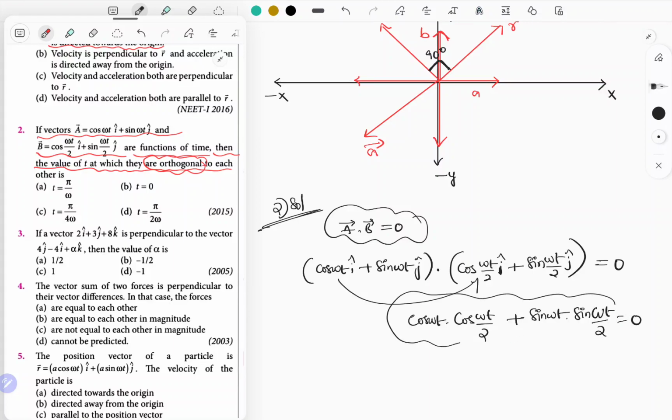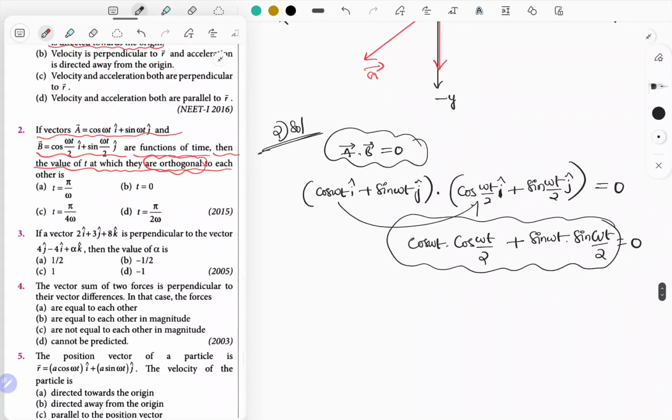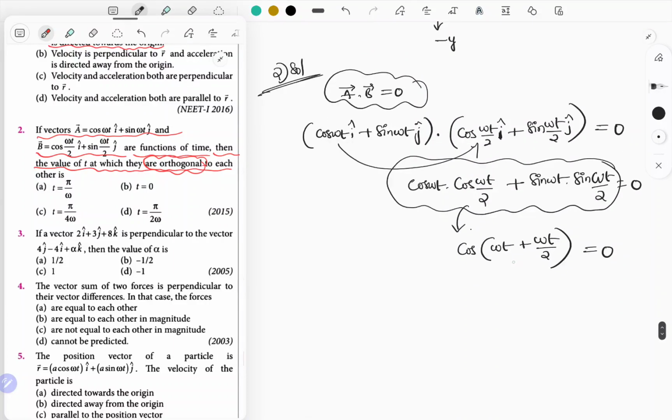If you observe, this looks like the cos of a minus b formula. Cos of a minus b is equal to cos a cos b plus sin a sin b. Then I can convert this into the form of cos of omega t minus omega t by 2, which is equal to 0. Then at what value of theta am I going to get a cos function as 0?